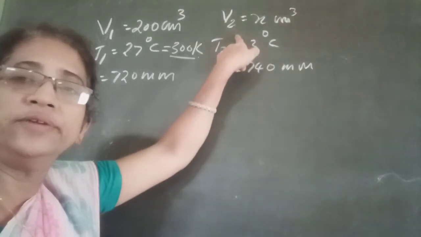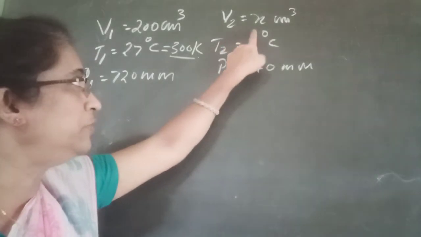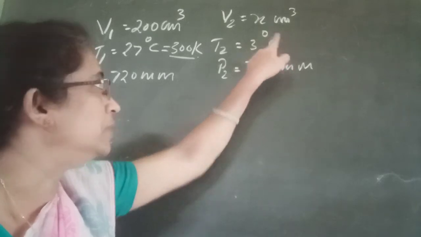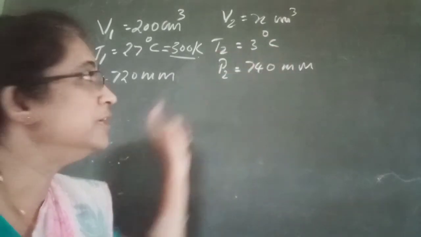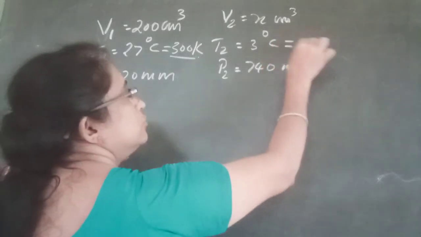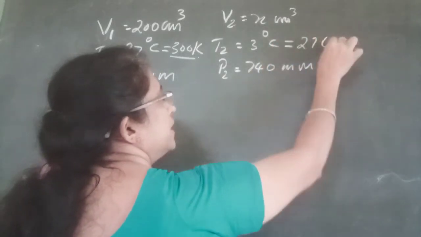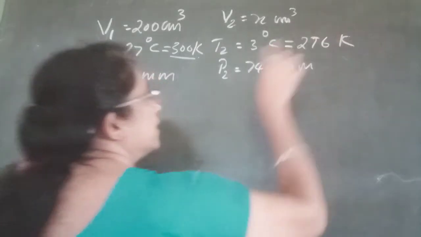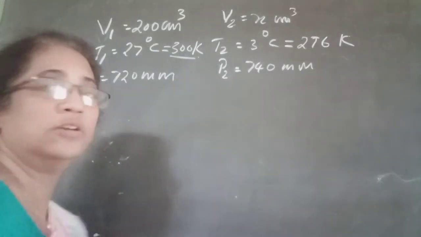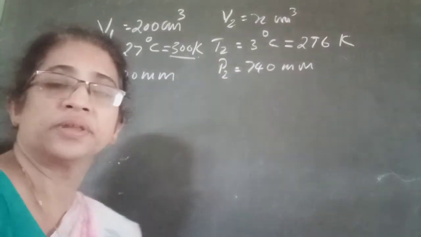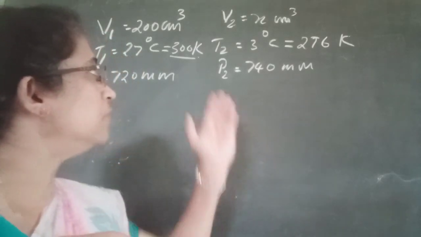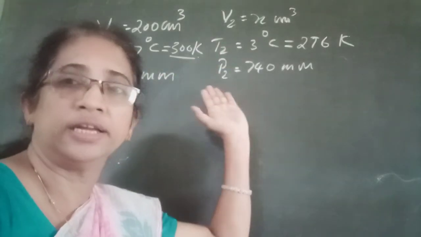Then final volume V2 is unknown, so V2 is equal to X centimeter cube. Final temperature T2 is equal to 3 degrees Celsius, which is 3 plus 273, equal to 276 Kelvin. And final pressure P2 is equal to 740 millimeters of mercury. So we can use the gas equation because all the three parameters are given here.